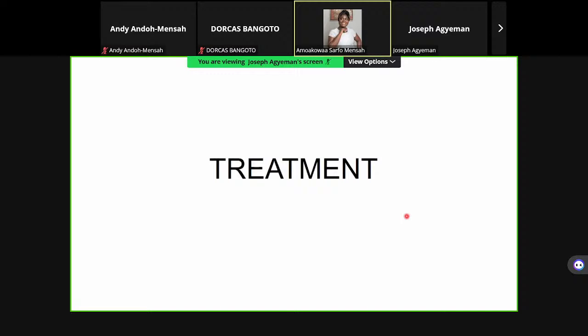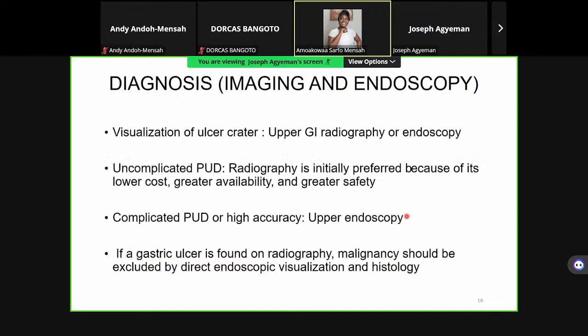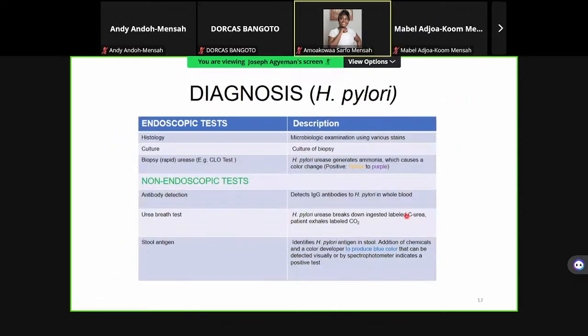So treatment. Please, can you go over the urea breath test and then the antigen side again? Okay. So the urea that they use will be the one that is synthetic. They actually label the carbon, they give it a marker.